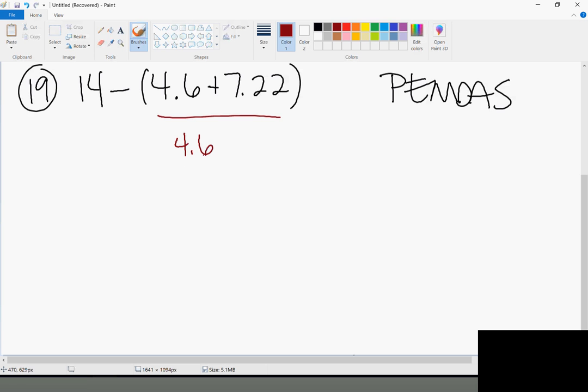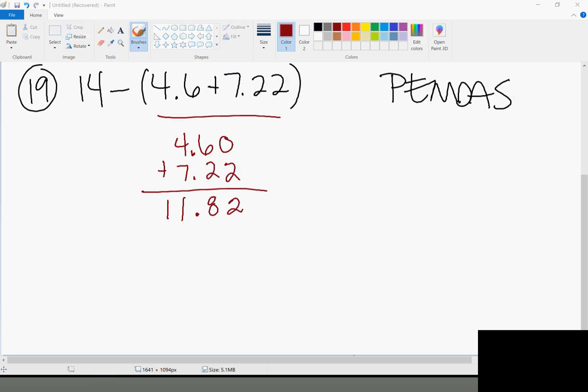Easier for me to add. 4.6 plus 7.22. You have to line up those decimals. So I like to put a 0 just to kind of help me line everything up. So 0 plus 2 is 2. 6 plus 2 is 8. Bring down the decimal. 4 plus 7 is 11. So the answer would be 11.82.